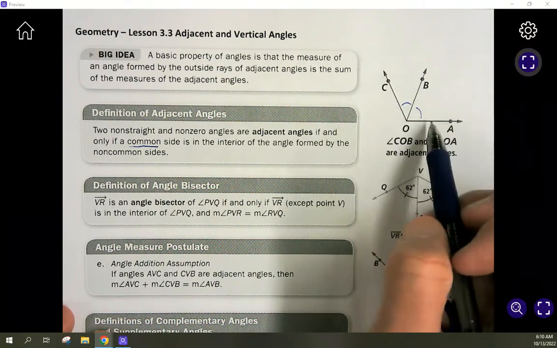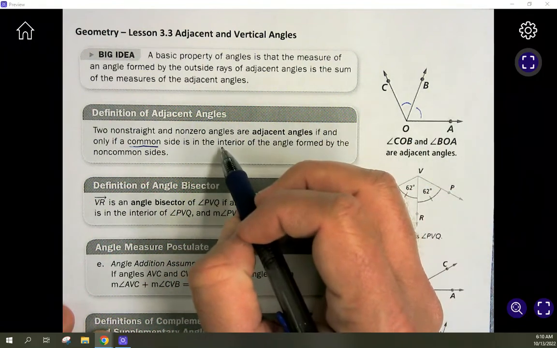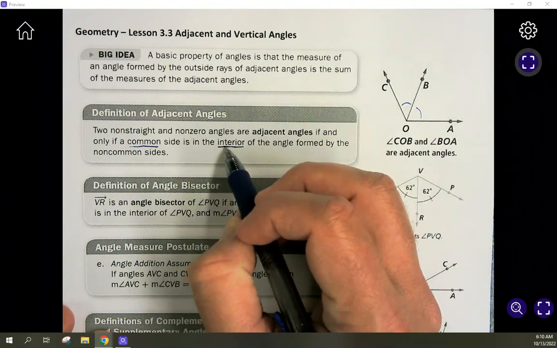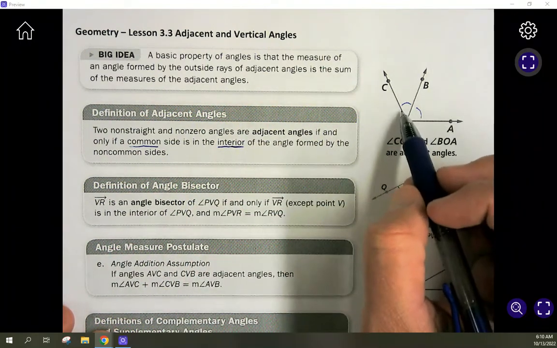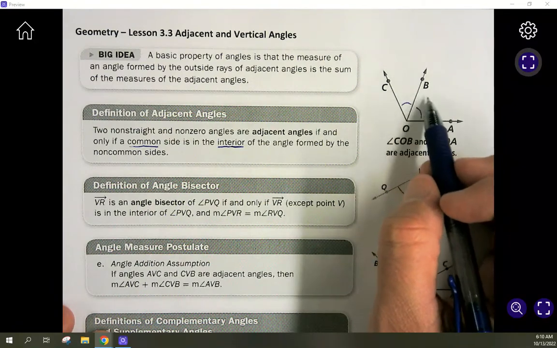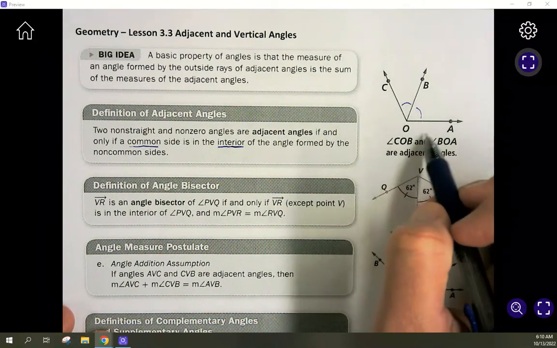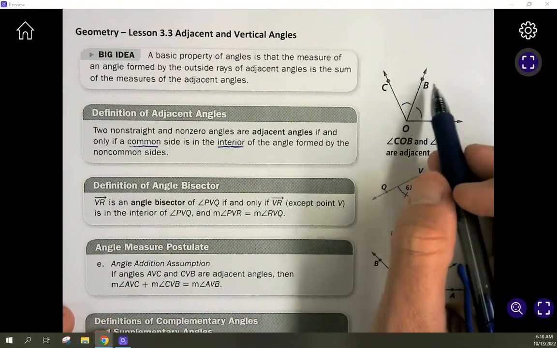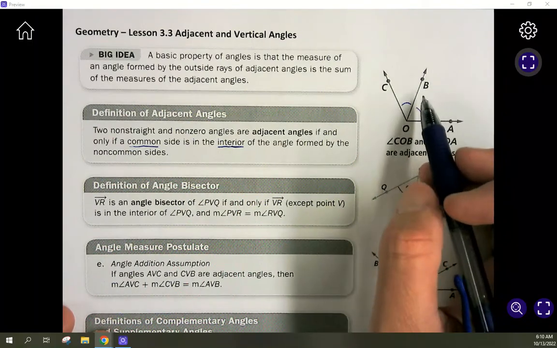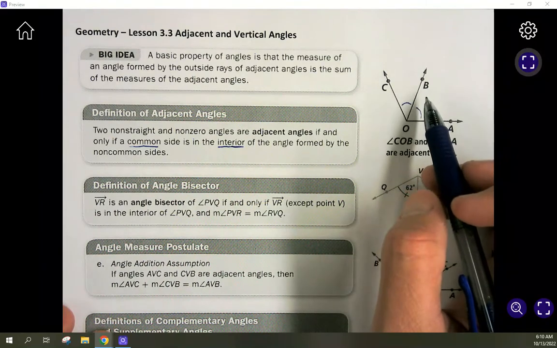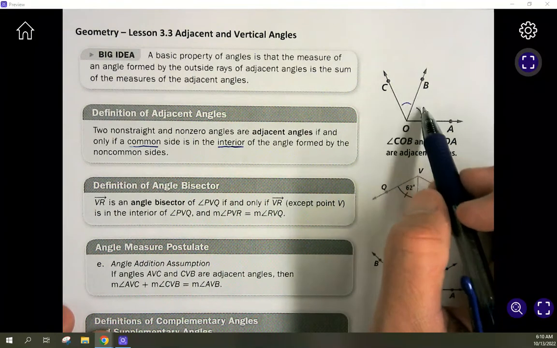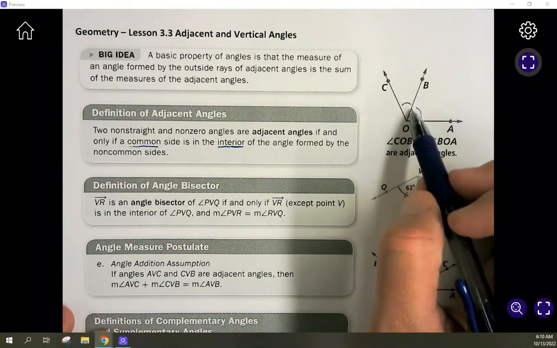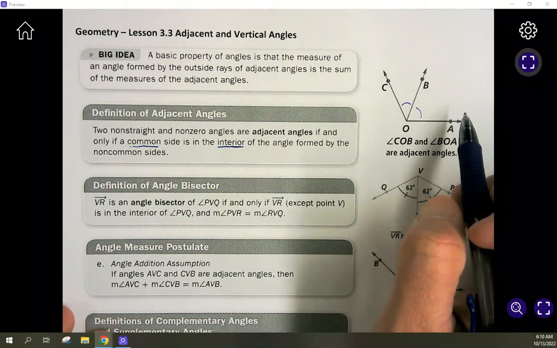non-common sides. All right, so it has to be on the interior first of all. And we've talked about interior here is less than 180. Exterior is the angle formed out here, the rest of the 360. So when we get to some questions later, they're going to be asking you if things are adjacent. Just because two angles are next to each other and they share a side doesn't necessarily make it adjacent.